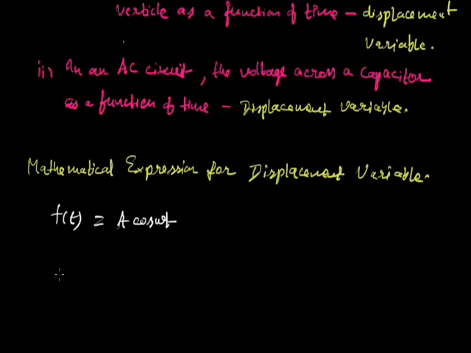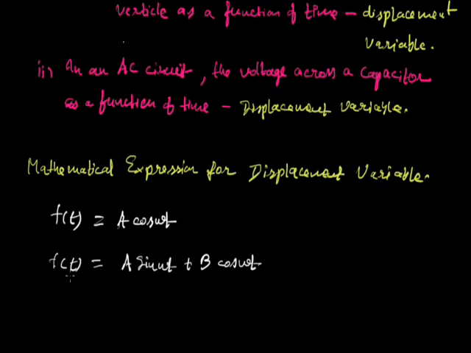Similarly, we can consider another example of time variant function as f(t) equals a sin omega t plus b cos omega t, where both sin omega t and cos omega t are time variant functions.